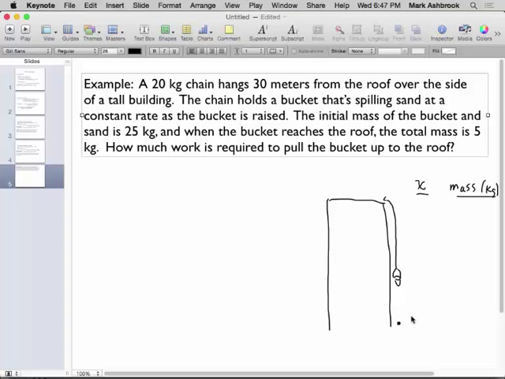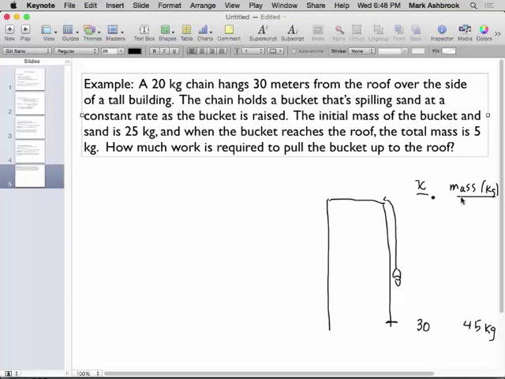So at 30, down here at the bottom, when x is 30, what is the total mass of everything? What is it? 45. So when x is 30, or before we've started, the mass is 45, okay?